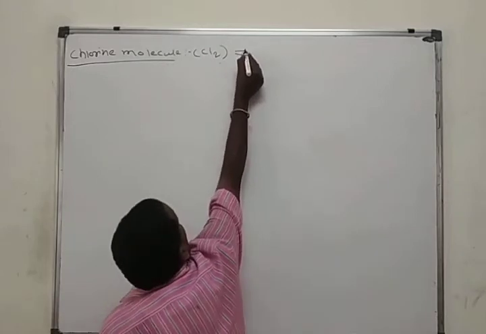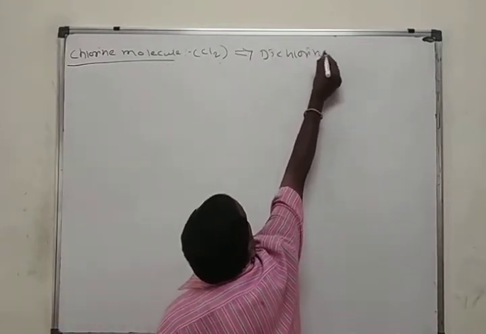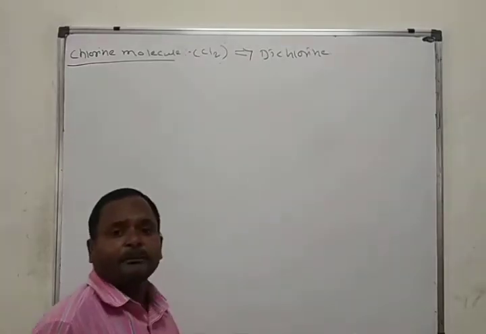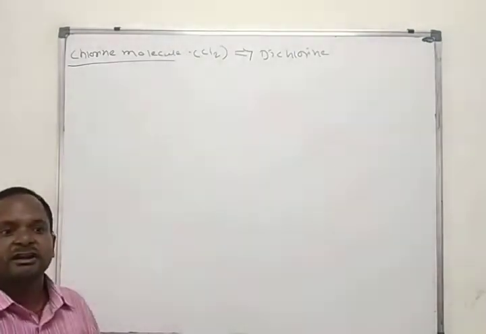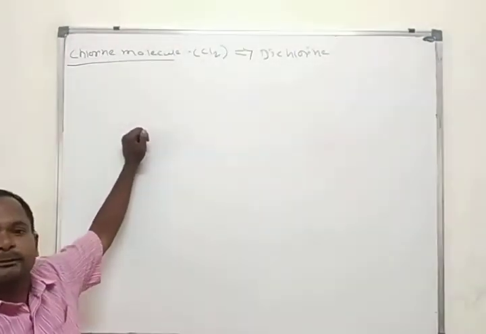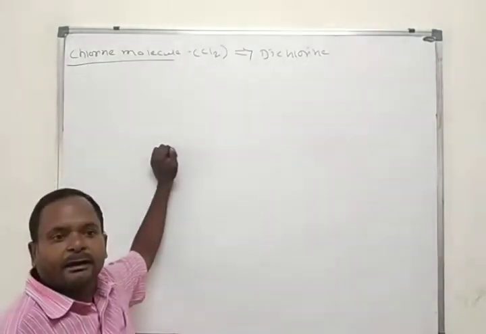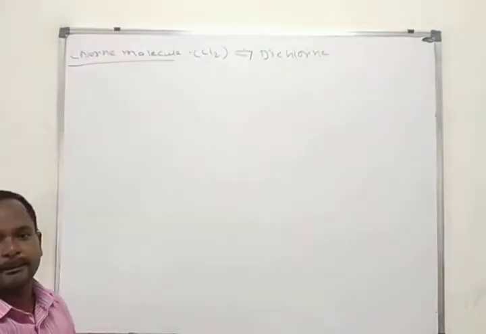It is also called dichlorine. This is one of the important sterilizing agents. Here we will see the preparation methods, chemical properties, physical properties, and uses of dichlorine.